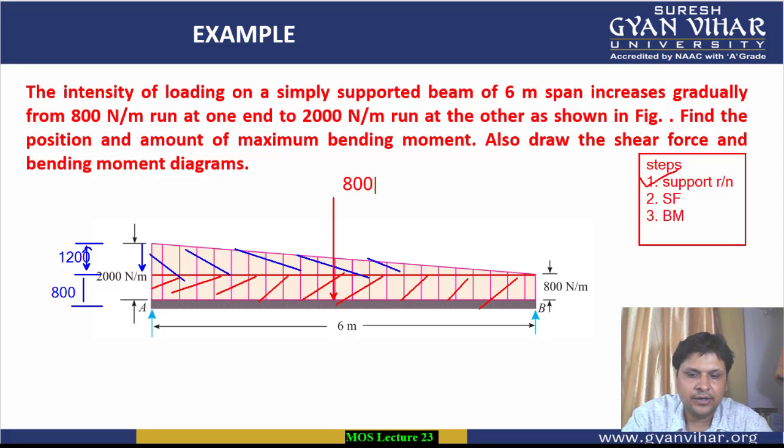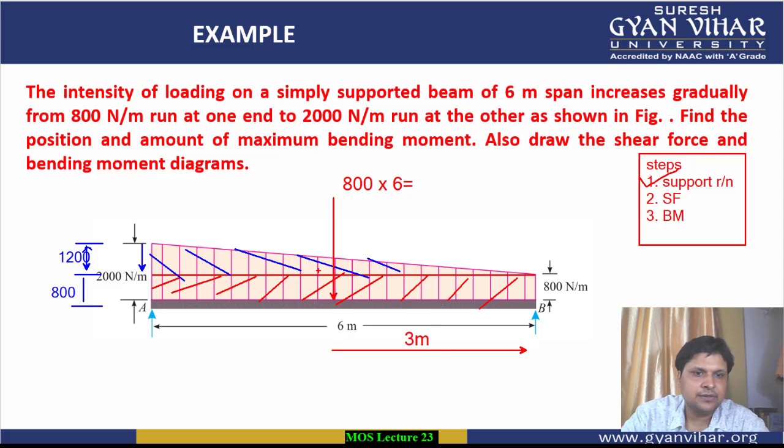So 800 into 6, since the length is 6. This will be the point load, which will be considered acting at its center, at 3 meter from one of the ends.